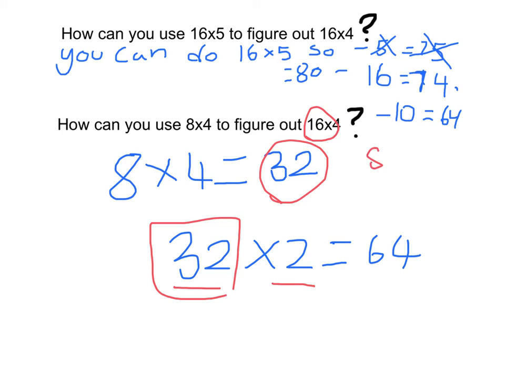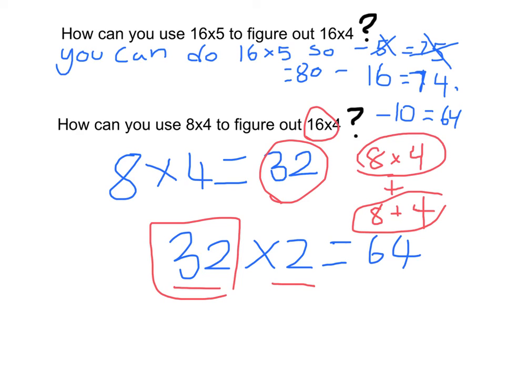This is the same thing as 8 times 4 plus 8 times 4. Correct? All right, so it's 64. It's 32 plus 32, isn't that just 2 times 32? All right, I think we got it.